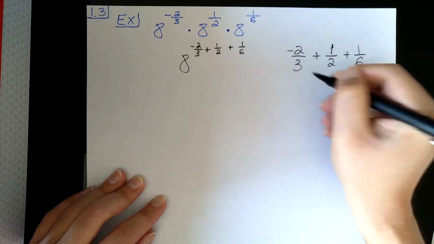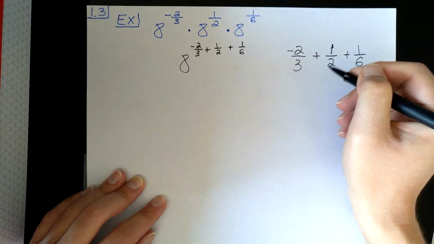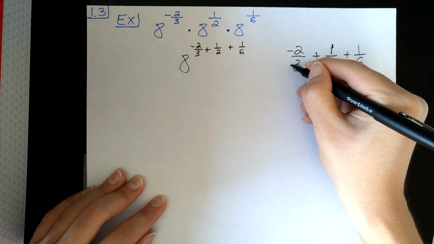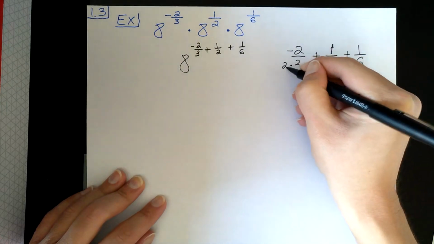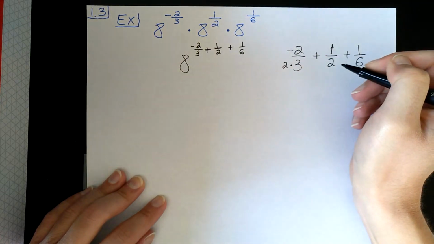So we need to change all of these denominators to 6's, so I'm going to multiply this 3 by a 2 to change it to a 6.